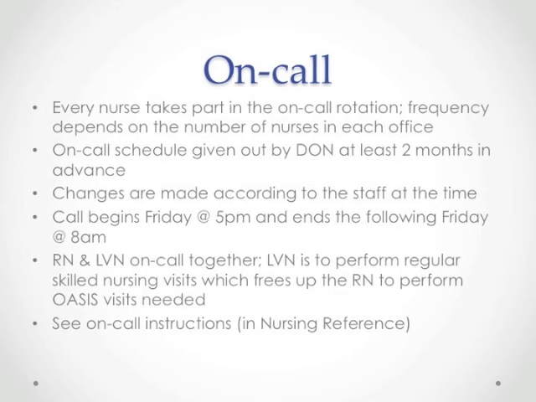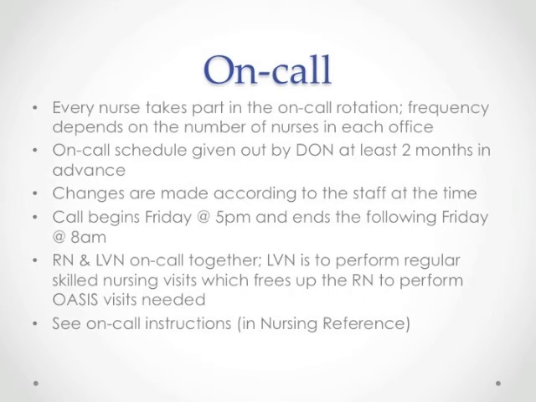For on-call, every nurse that we have that works for a home care network is a part of the on-call rotation, and the frequency of that rotation depends on the number of nurses that work for your particular office.